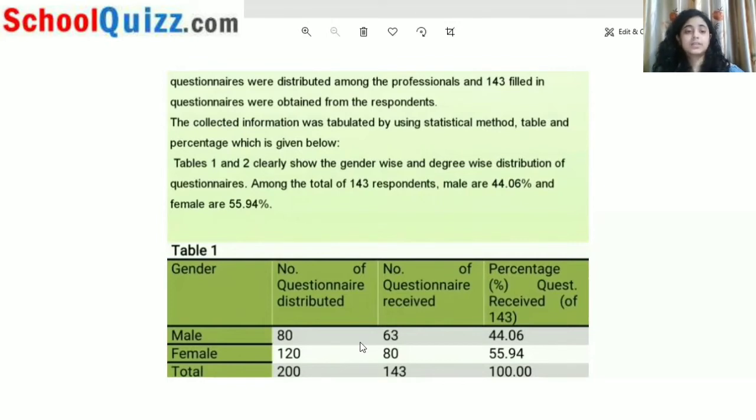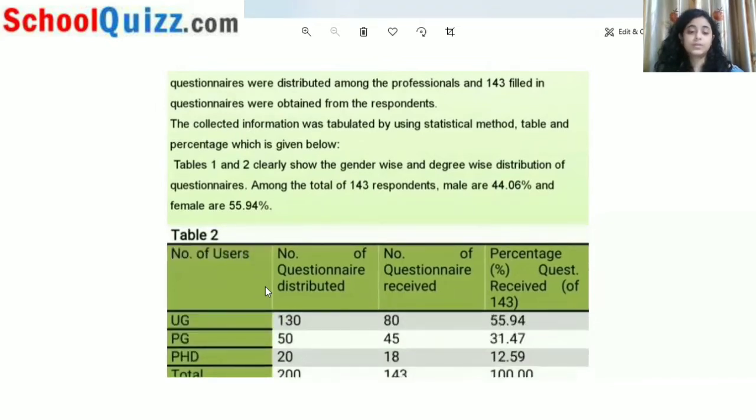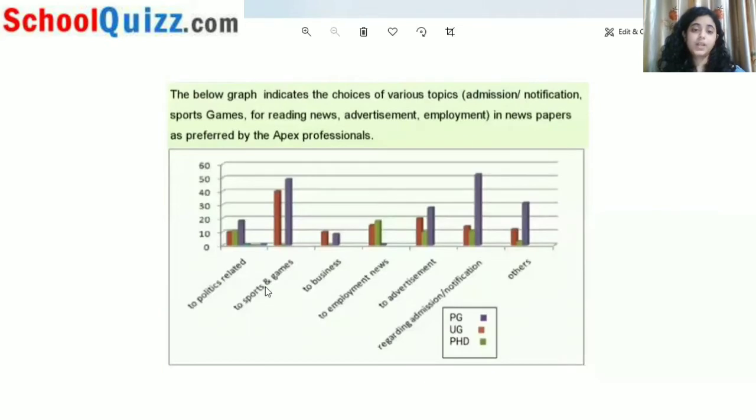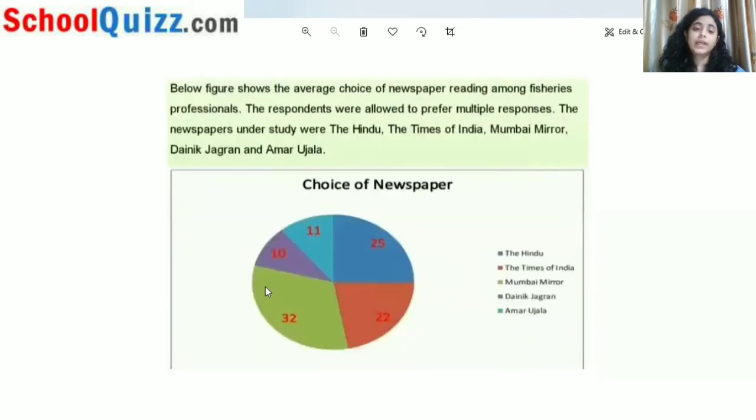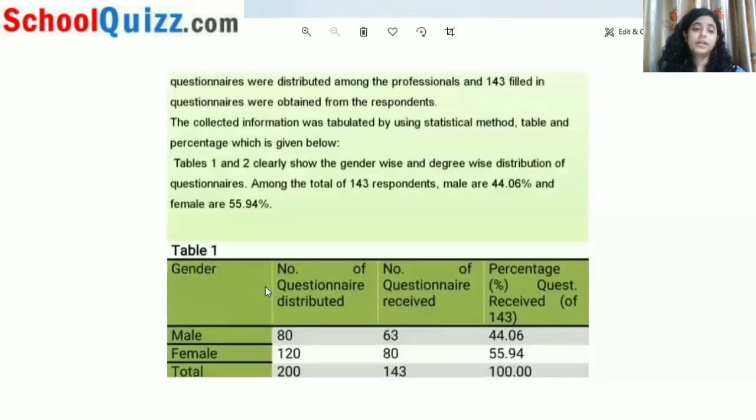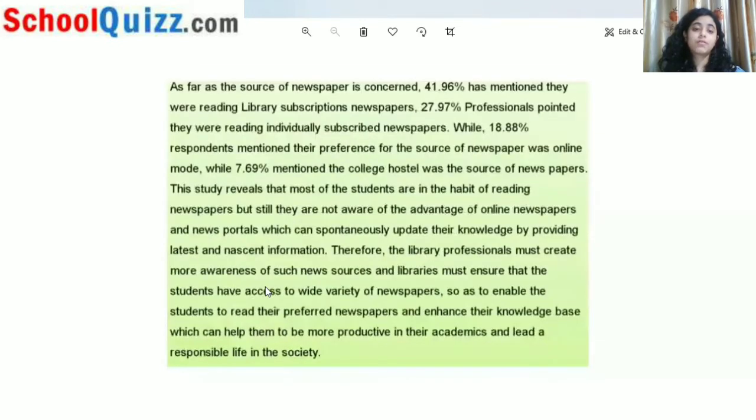This is the third one. Table 2 is changed only. Then there is a graph, the bar graph. Then there is the chart, which we have already studied. Then we had questionnaires after this paragraph. This is the last paragraph, concluding, you can say.